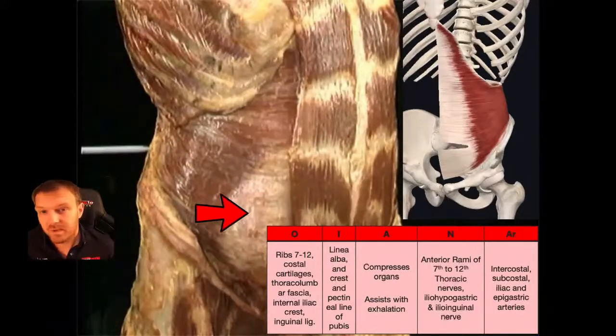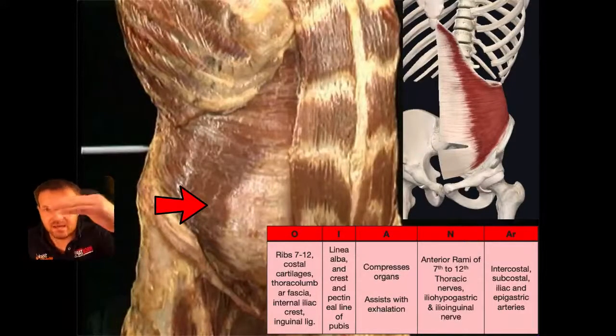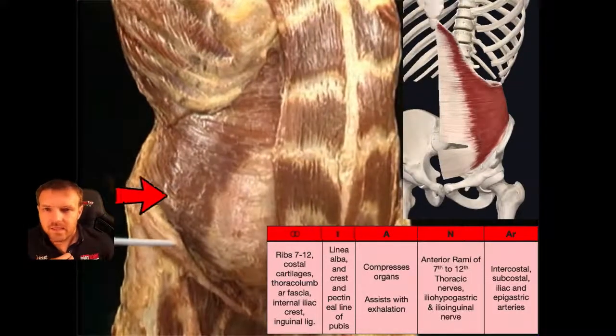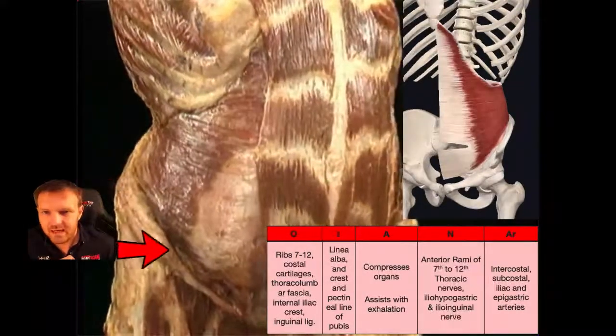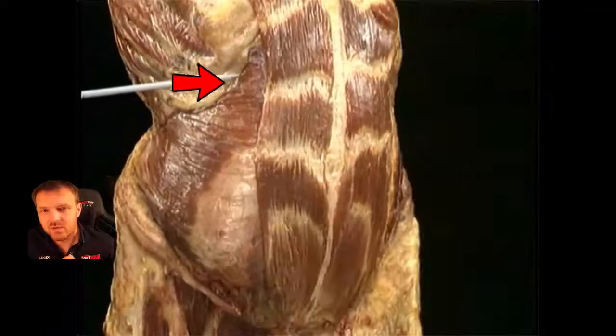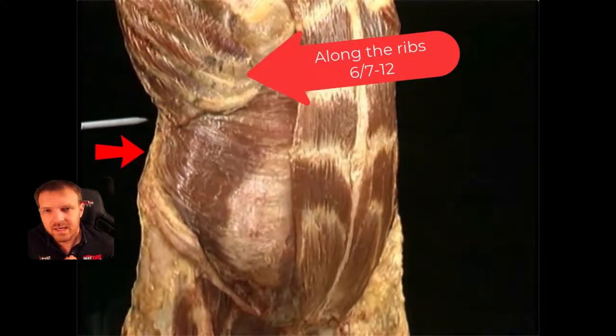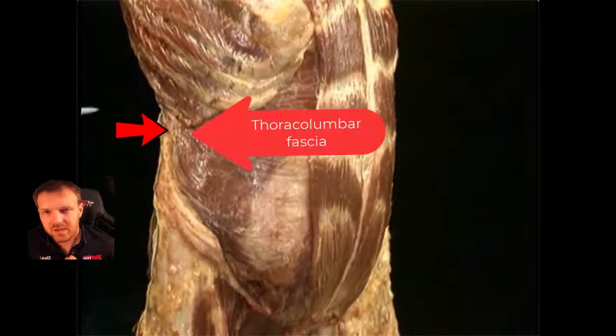So some people have it, some people don't. I'm not sure of the percentages of who has it and who doesn't, but if you have that line, then you're much more likely to have an abdominal hernia. Okay, so there's the attachment there. So iliac crest down onto the inguinal ligament, and then there are your costal cartilages along the ribs, and your thoracolumbar fascia around the back, just there.